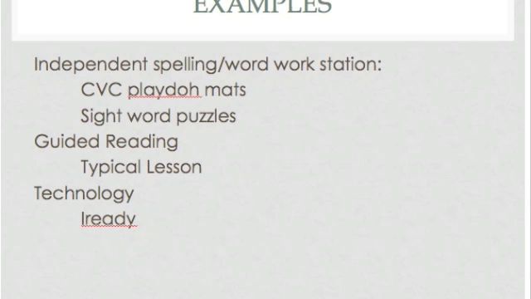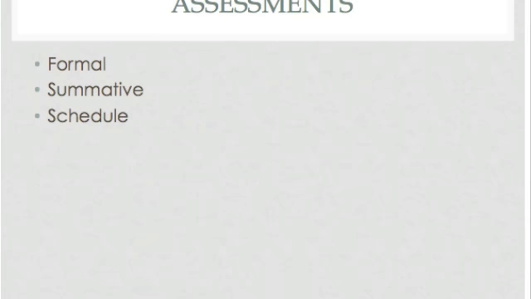Guided reading and technology would also be incorporated, such as an iReady program, which is based on their levels. Assessments are also important, formal, summative, and a schedule. The schedule would be for them to really understand their pace of learning.